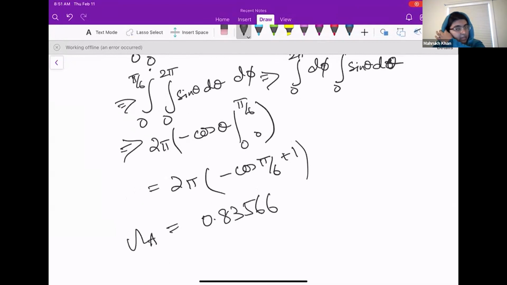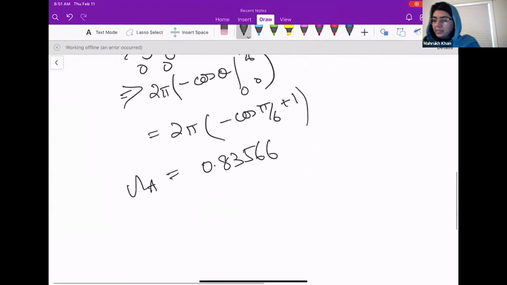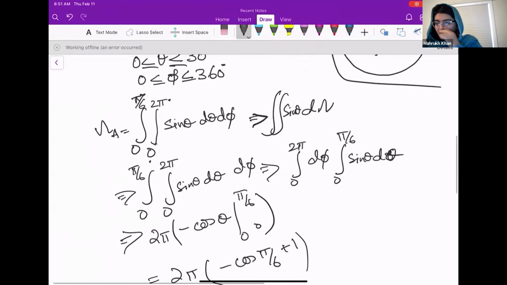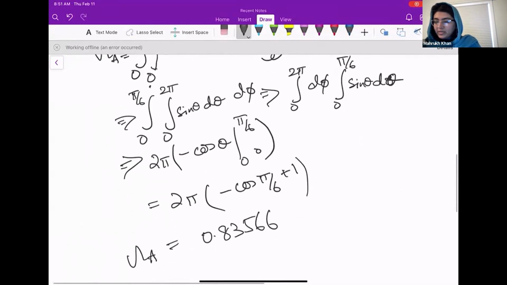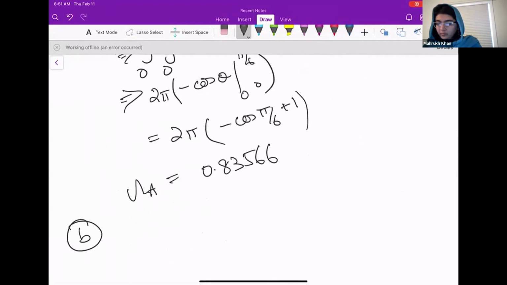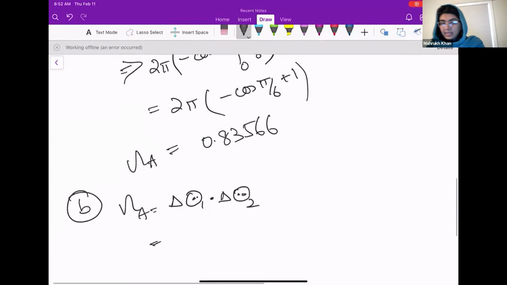Now they are saying that the B part is that using the approximation, check what is the difference with the exact value. So their approximation was del phi 1 dot del phi 2, where they say that del phi is actually the theta that we are defining.